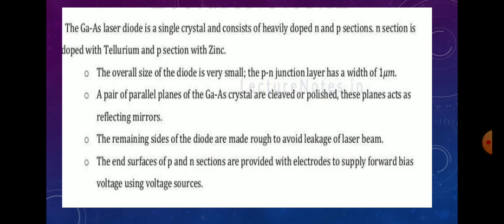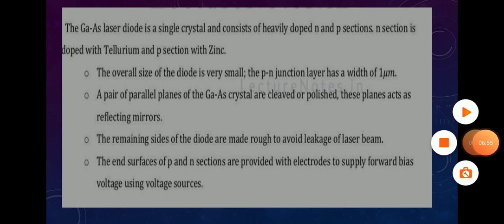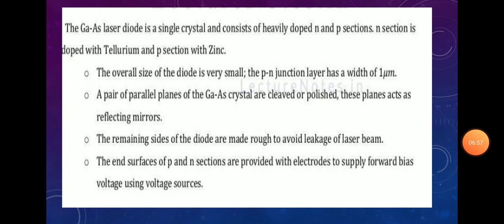The upper side and lower side of the diode are metallic surfaces, because we connect the forward bias. Forward bias means that in the PN junction, p is connected to the positive terminal and n to the negative terminal.